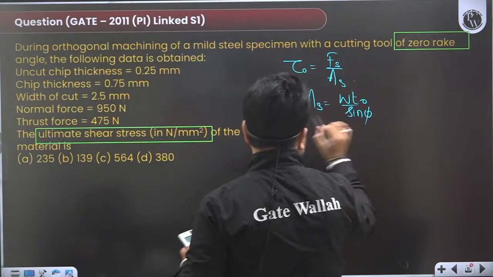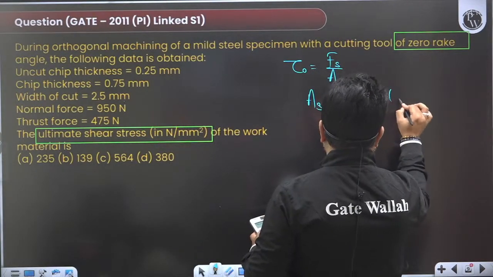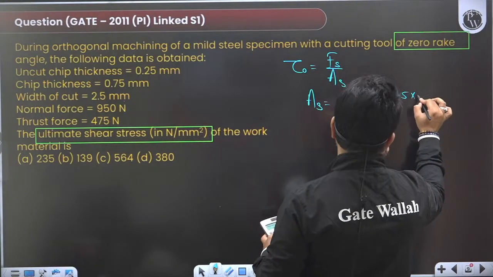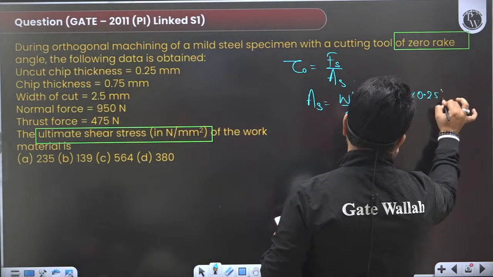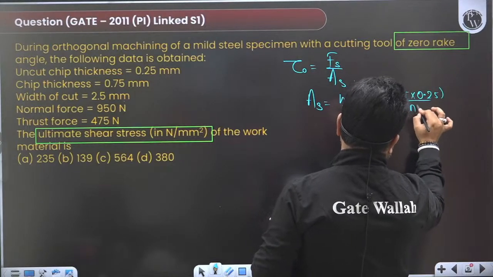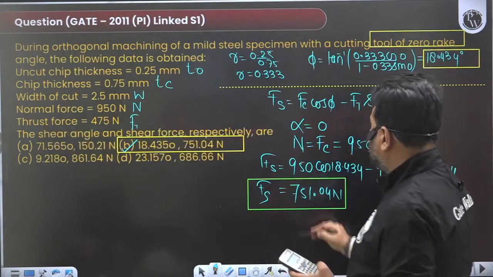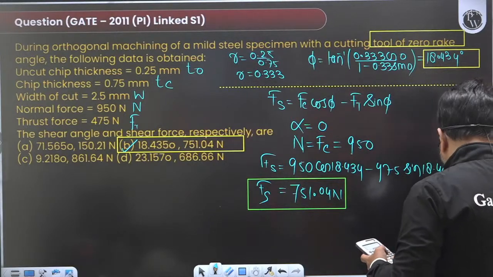Width of cut 2.5 mm, t naught is 0.25 mm, divided by sine of 18.434.